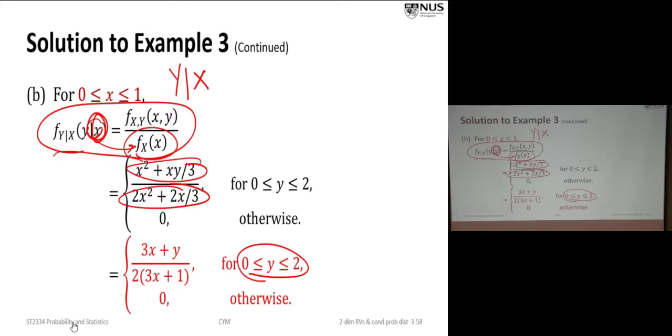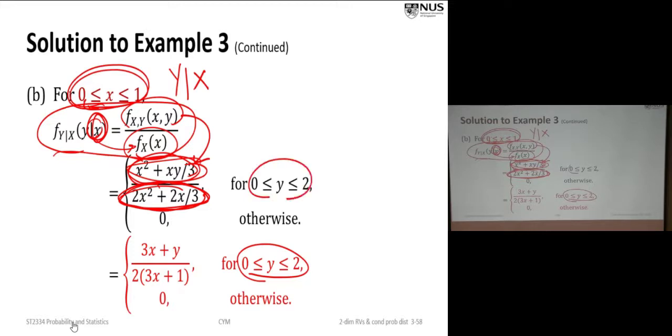All right? Now, let me repeat it. This part is the marginal. It's valid for any x between 0 and 1. But this part, the joint distribution equal to this expression, is valid only for x between 0 and 1, and at the same time, y has to be between 0 and 2, because that is the region for which the joint PDF is defined, given by this expression.